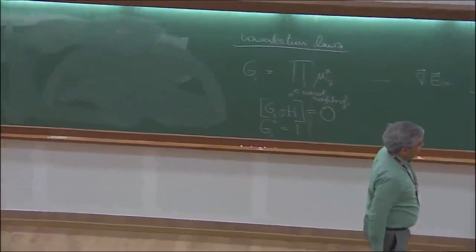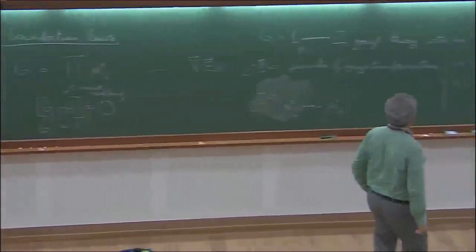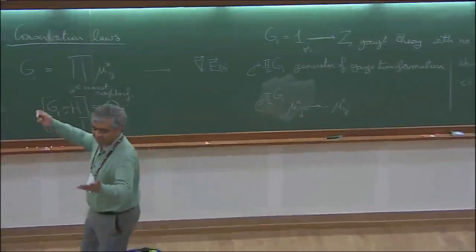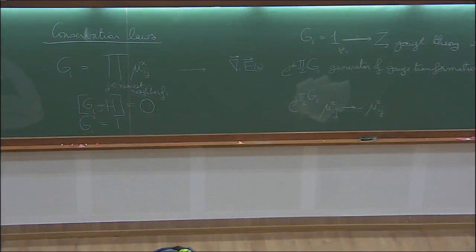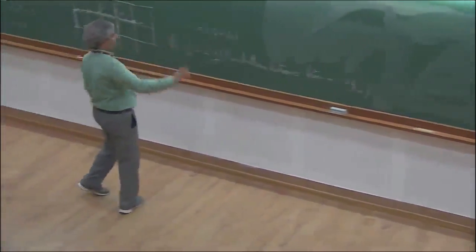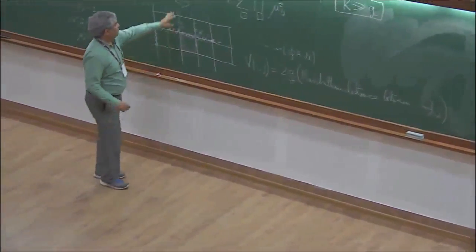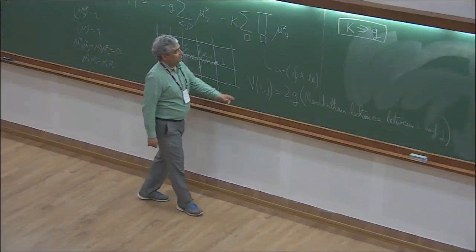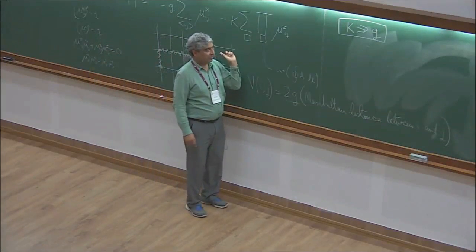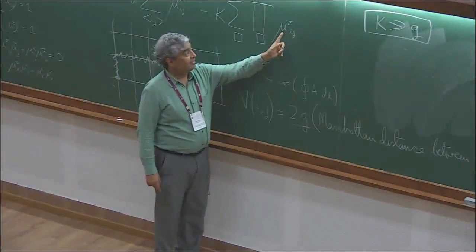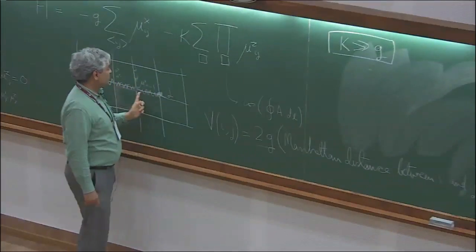At least in this language of the G charges, it's not so trivial, but it's not that bad. I can write it down, at least when K is practically infinite. So when K is very, very large, what do you have to pay attention to? You have to pay attention not to mu x, but to mu z, the canonically conjugate variable.